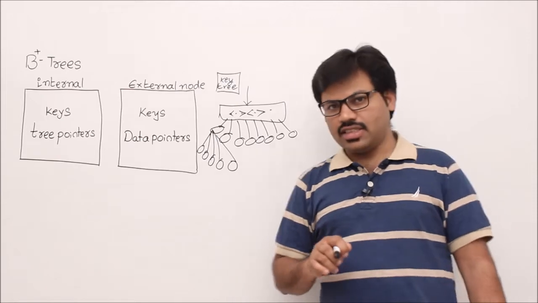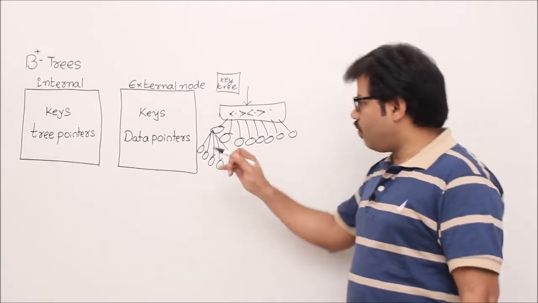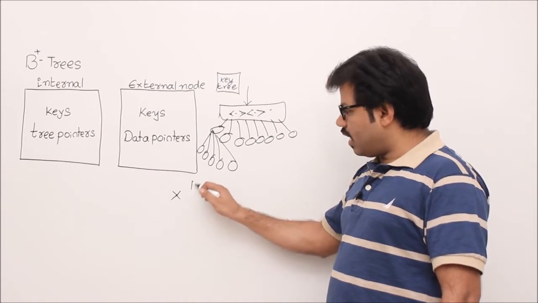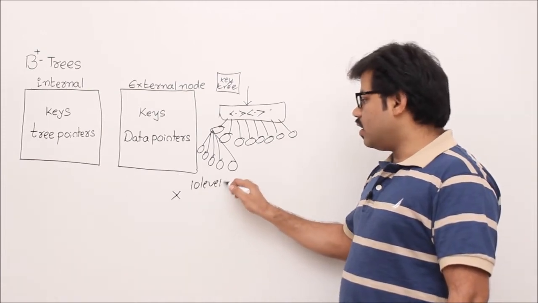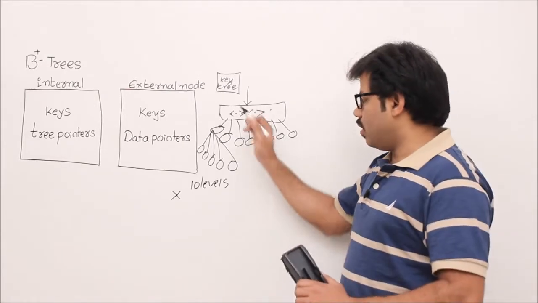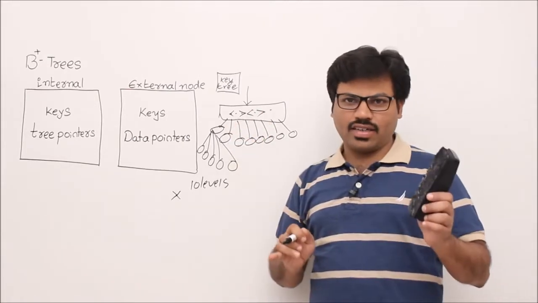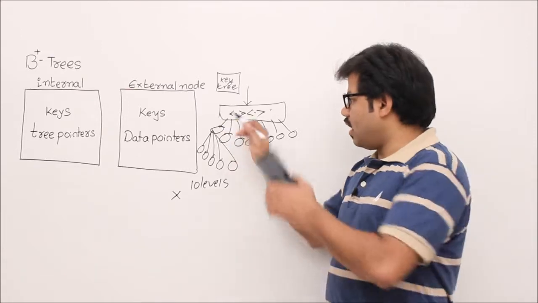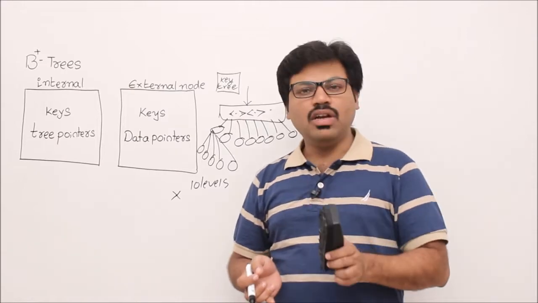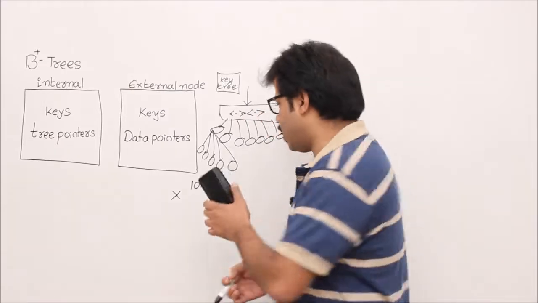So what I want to say is, if your file size is something X, and a B tree requires 10 levels to index it, then a B plus tree definitely requires fewer levels. The reason is the branching factor. So a B plus tree has a higher branching factor than a B tree under the same terms and conditions. You remember it.